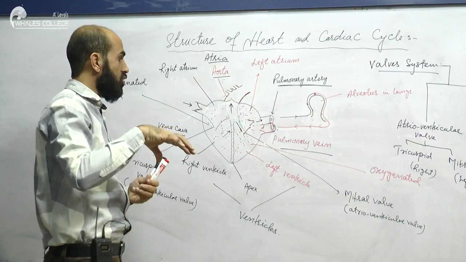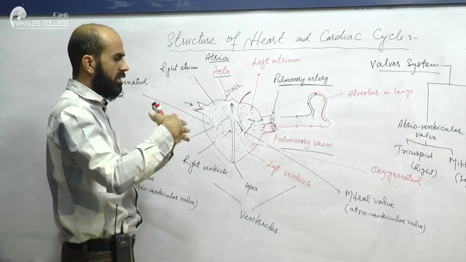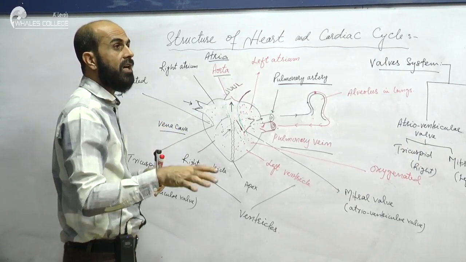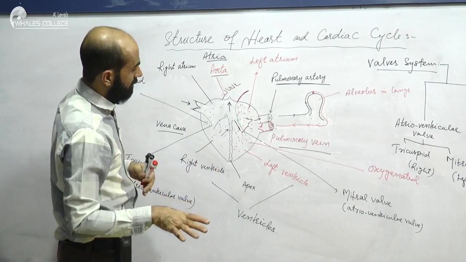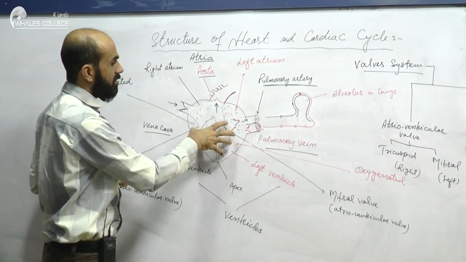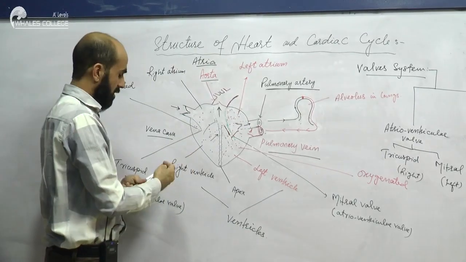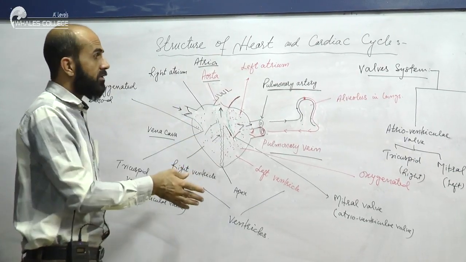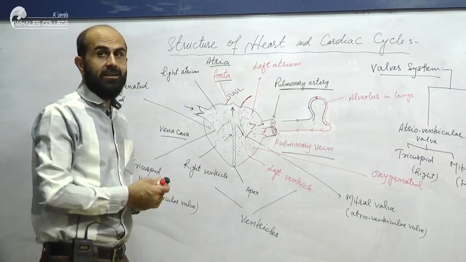They also need oxygen. So most of the blood capillaries in the heart muscles are called coronary blood vessels, which provide oxygen and glucose for the activity of the heart muscles. So this is all about the structure, and now the cardiac cycle in the next video.